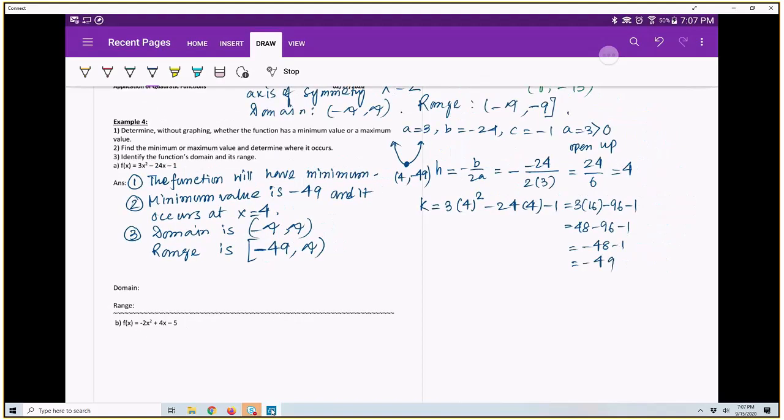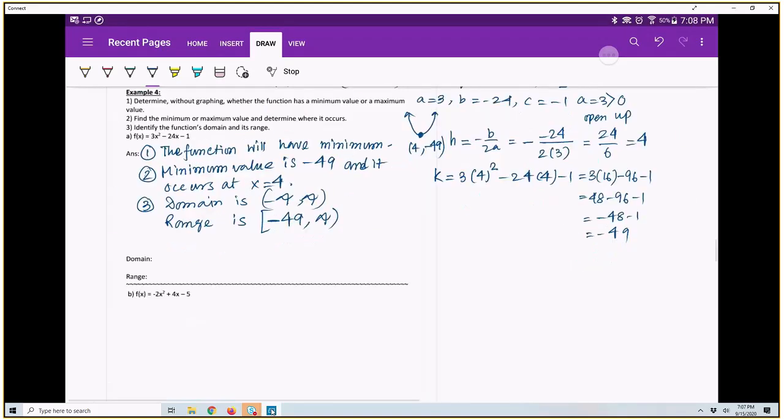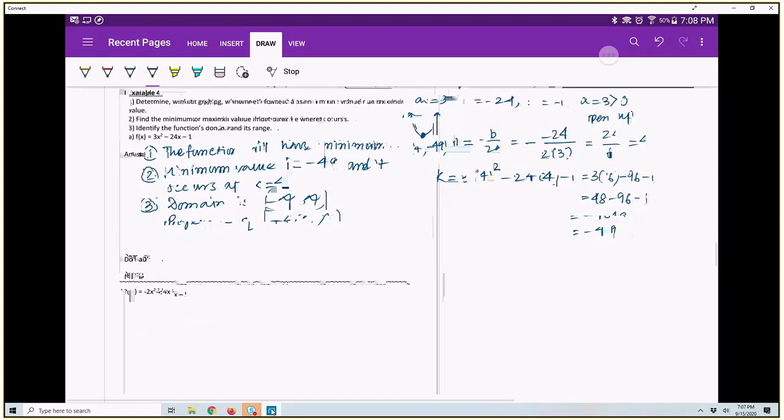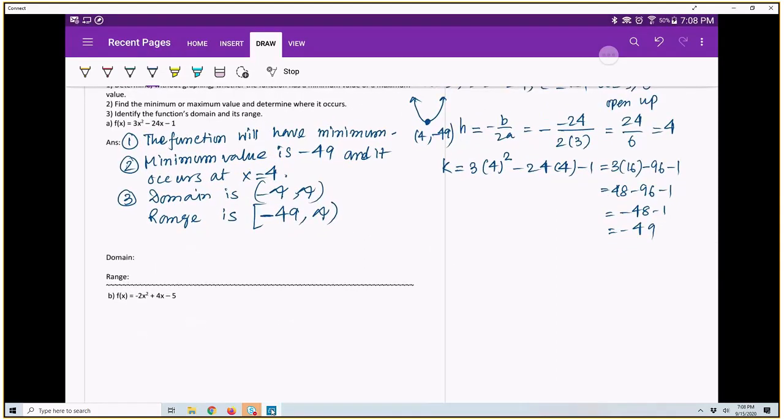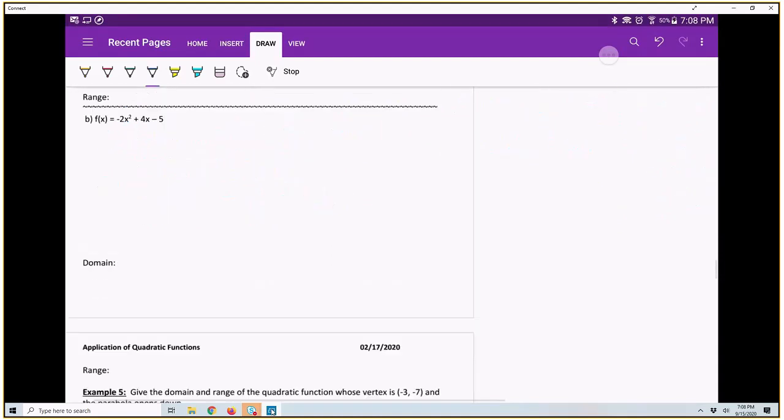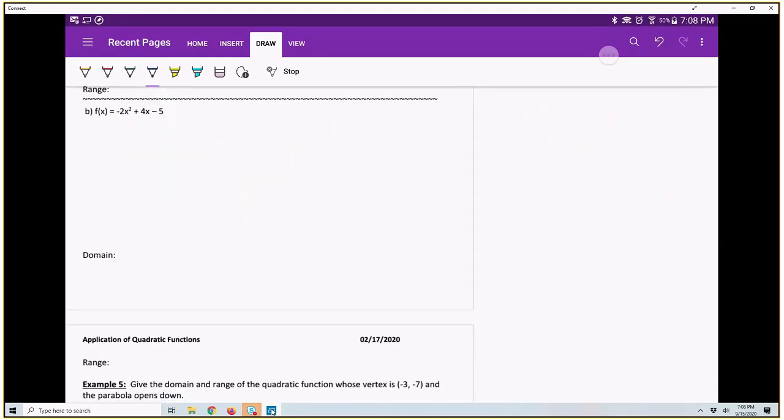Let's do the next problem. It is the same problem, but probably the parabola is a little different because the leading coefficient is negative 2, so it should open downwards. A is negative 2, that's less than 0. The parabola opens down. So that's the shape of the parabola.